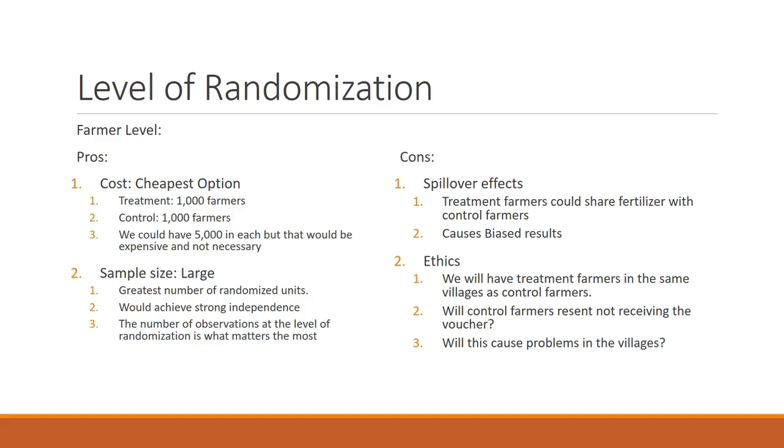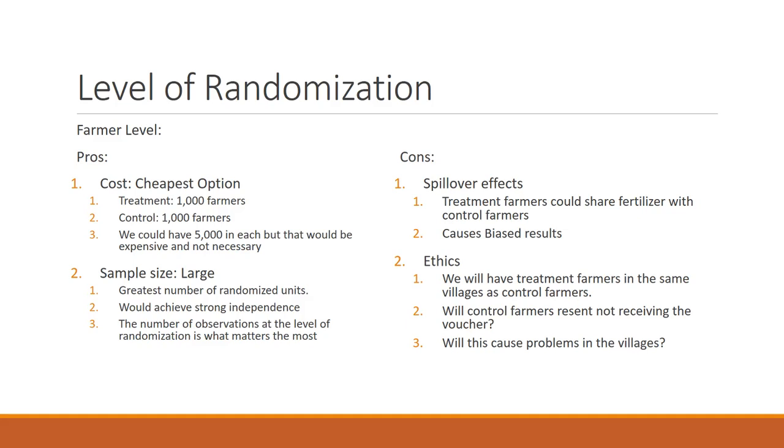What are the disadvantages of randomizing at the farmer level? One is that we could run into the problem of having spillover effects. In a future lecture, I'm going to go into spillover effects in more detail. But what happens is that if you randomize at the farmer level, you could easily end up with a treatment farmer, a farmer that receives the fertilizer, living right next door to a farmer in the control group. That means they don't get the fertilizer.